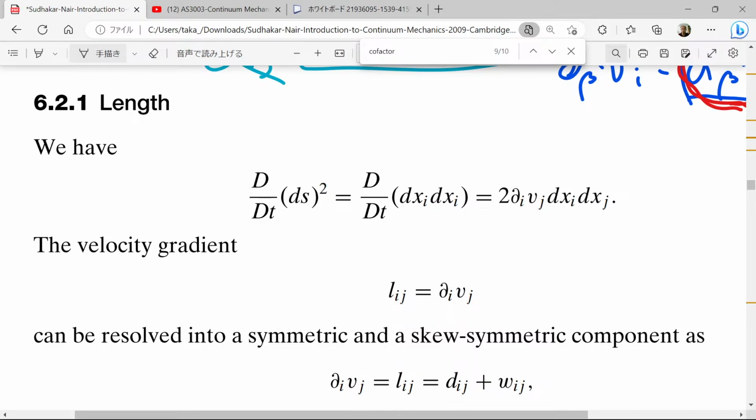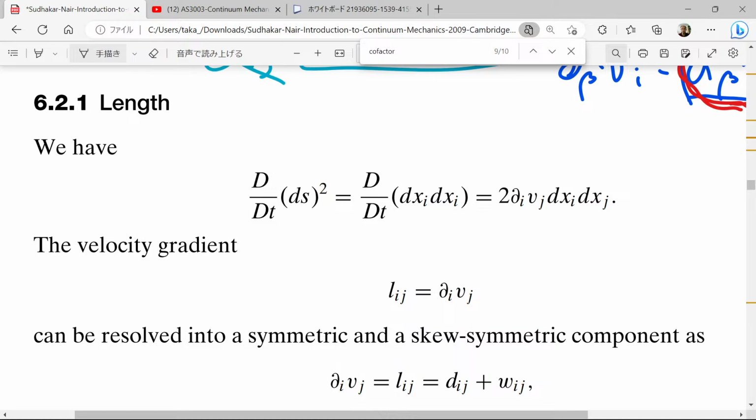Then this is just, this is a little bit strange. dv dx.